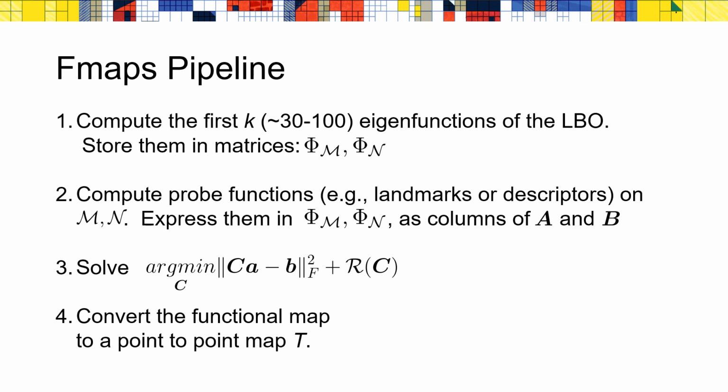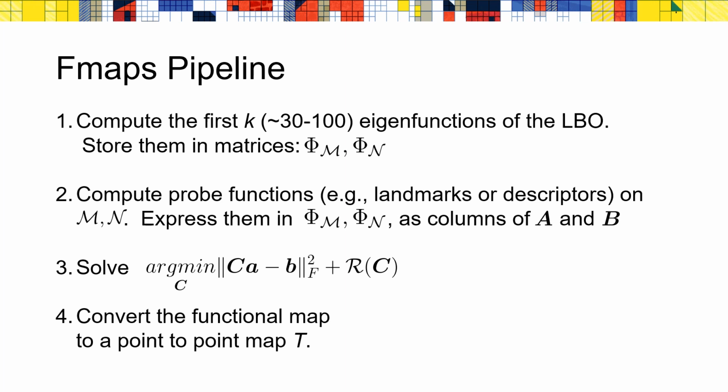Then, as a second step, we can compute a set of probe functions for each of the shapes, and these probe functions are usually landmarks or descriptors. We can then store their coefficients in the Fourier basis in two matrices A and B.